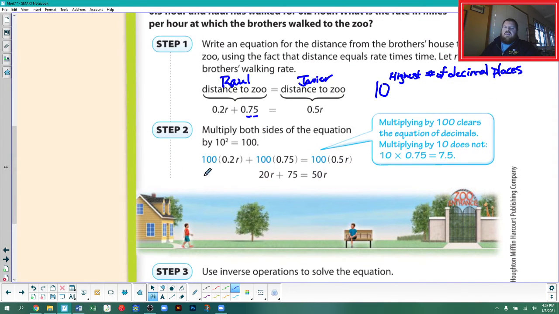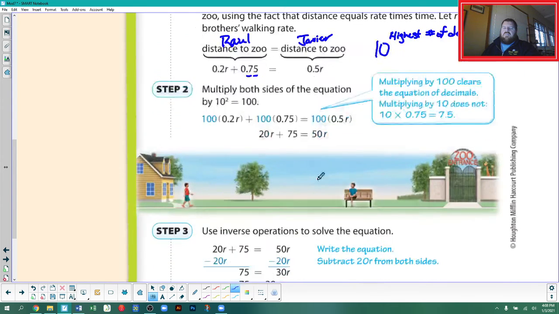Because when they do that, 100 times 0.2 just moves the decimal 2 times to the right, is 20. So 20R. Moving the decimal 2 times to the right gives us 75. And 2 times to the right gives us 50R.